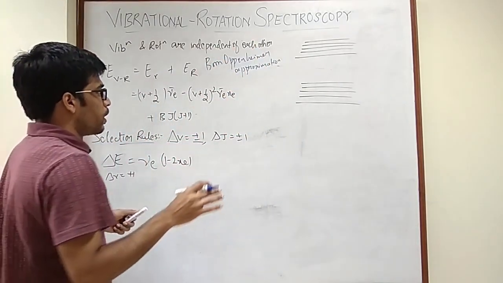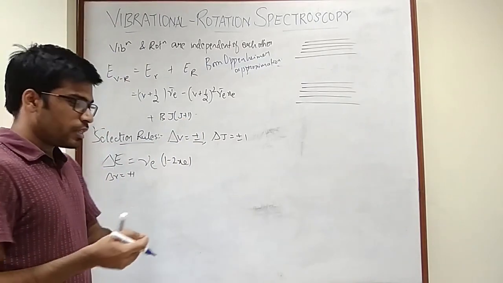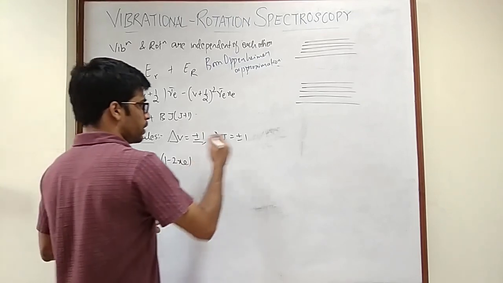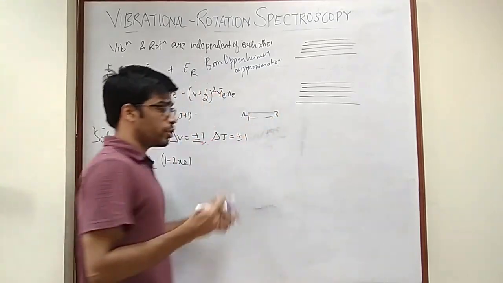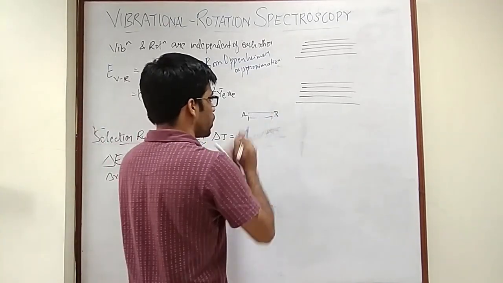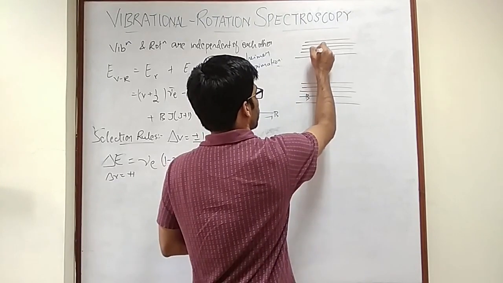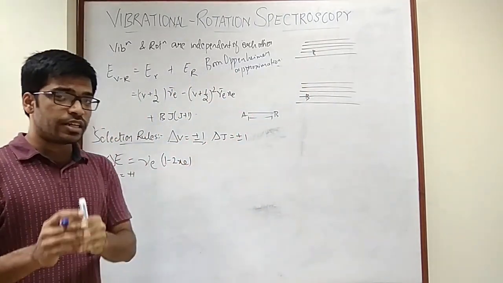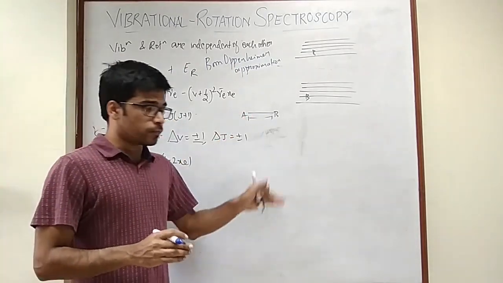So this would mean that during the vibrations there are no rotations taking place, and during the rotations no vibration is taking place, and that is why during the rotations we are considering the bond length to be fixed, not the vibration. During the rotation the bond length is fixed. That is why we are considering the rotational constant in both the vibrational energy levels for the rotational states remains same. This is something which we'll see why this is wrong.